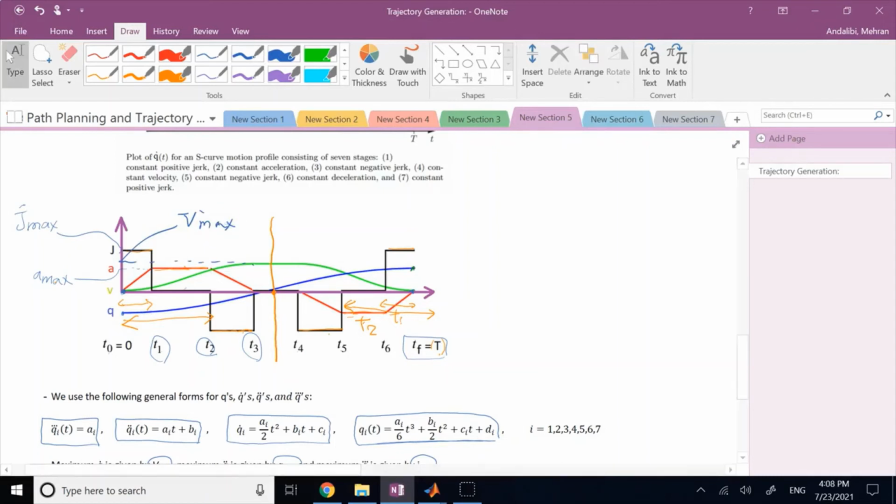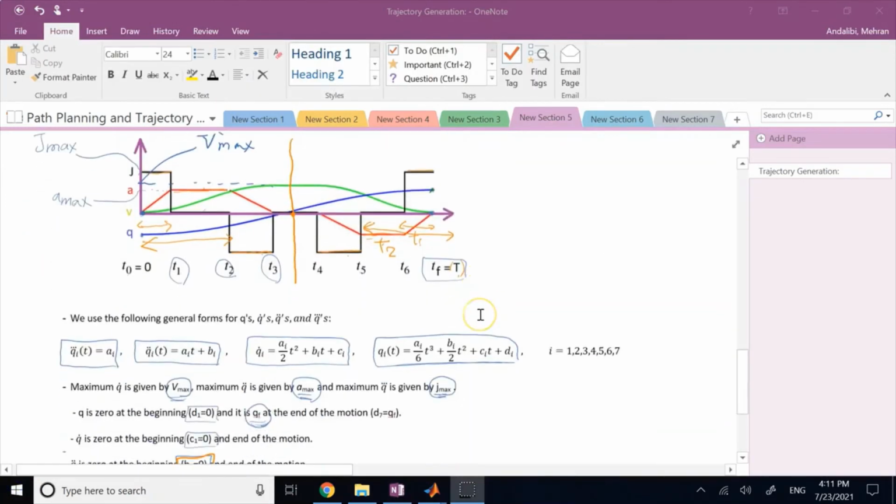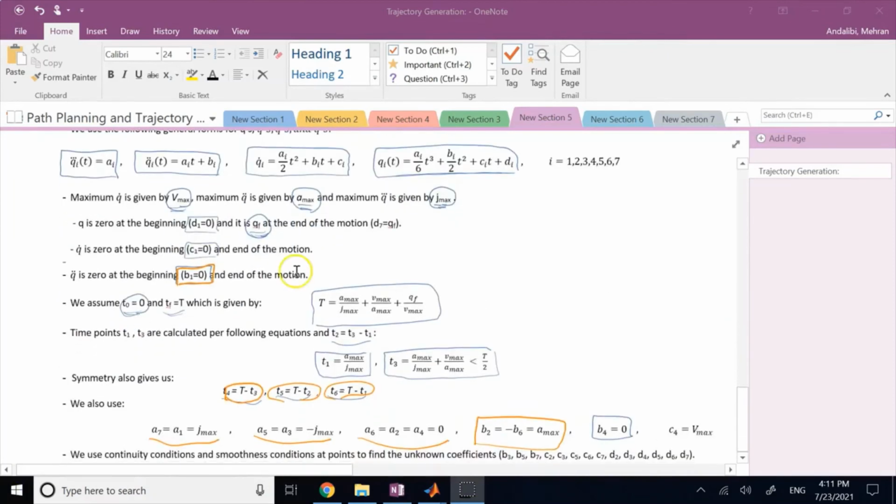So the velocity also for the center portion is Vmax, so that is equal to C4. Okay, so your C4 is given, also C1 is given because that's the initial velocity. And since the initial angle is 0, it means D1 is given.